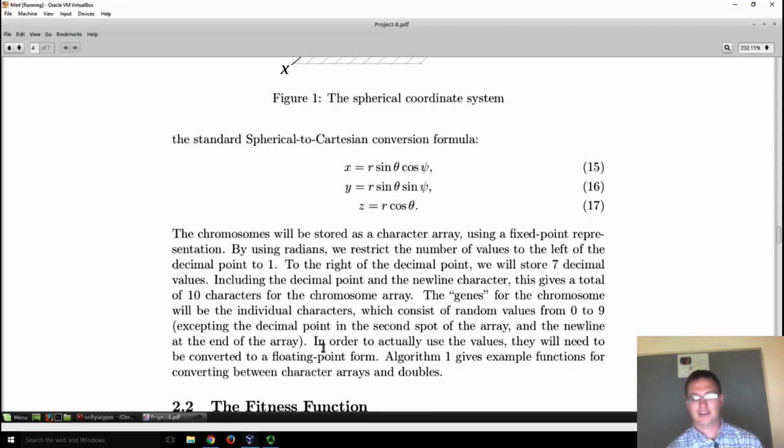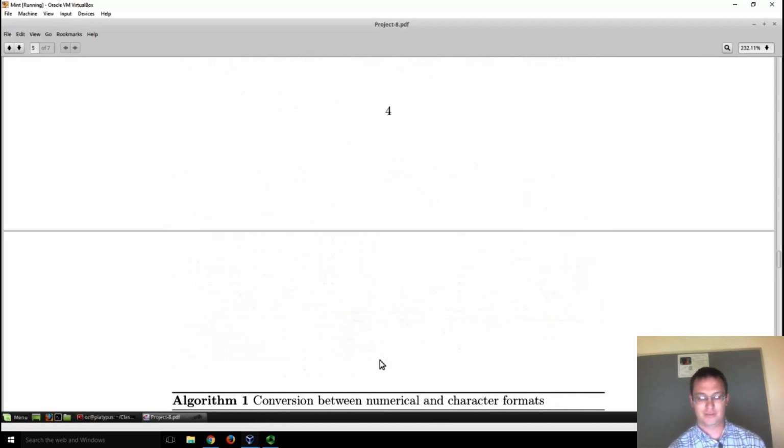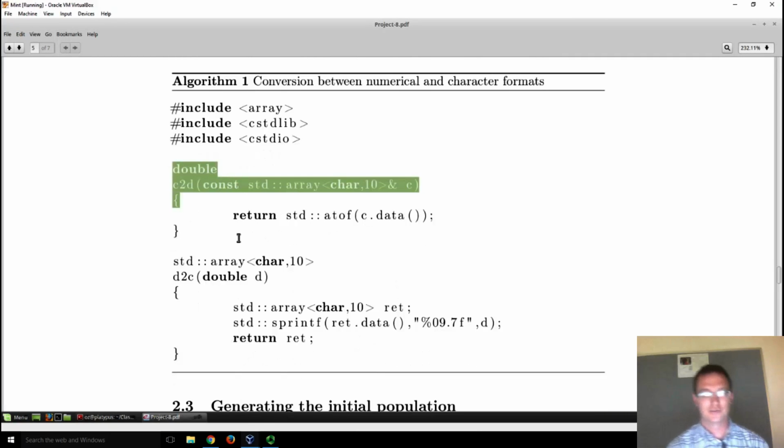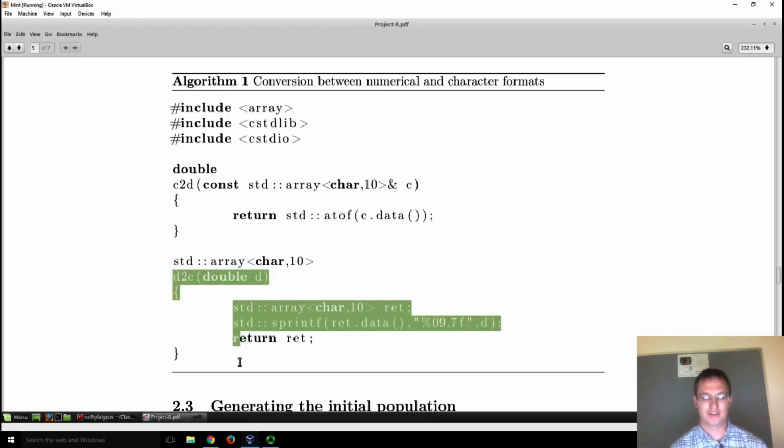In order to actually use these, we need to somehow convert them to an actual number, so I give you a little code snippet here on how to do that. We have 2 functions. The first one converts our character to a double using this standard function ATOF, meaning character to floating point. Going from a double to a character is a little harder.